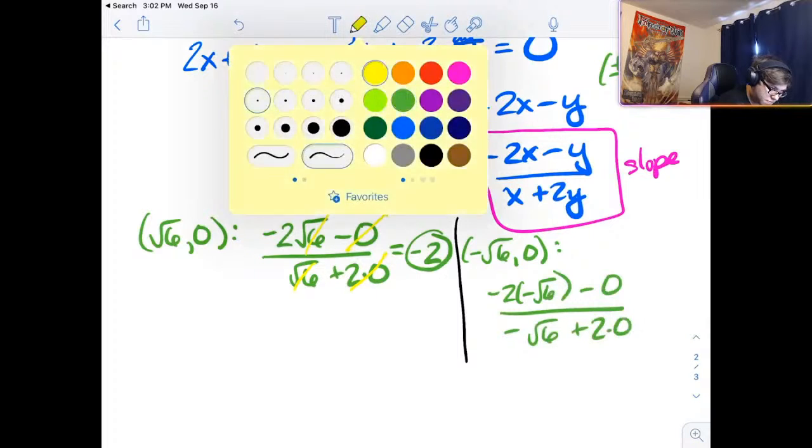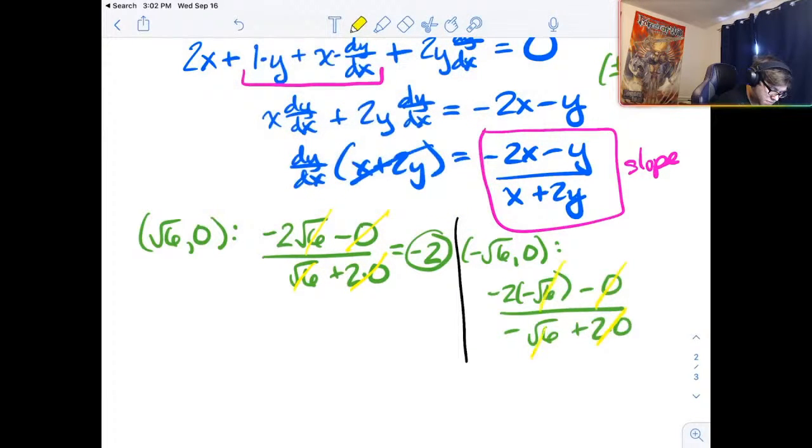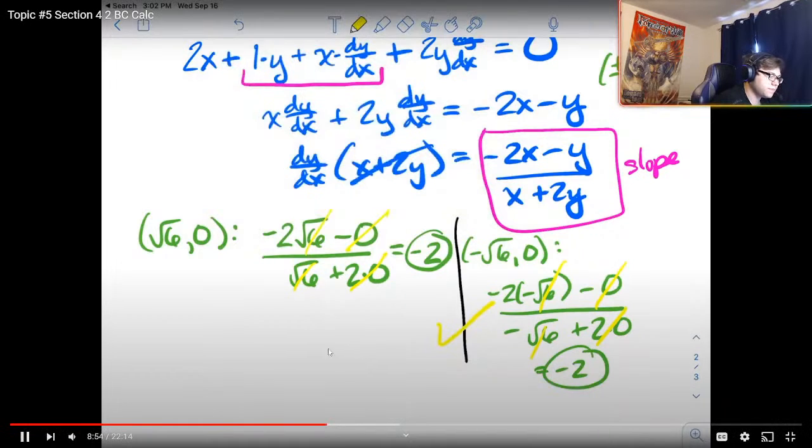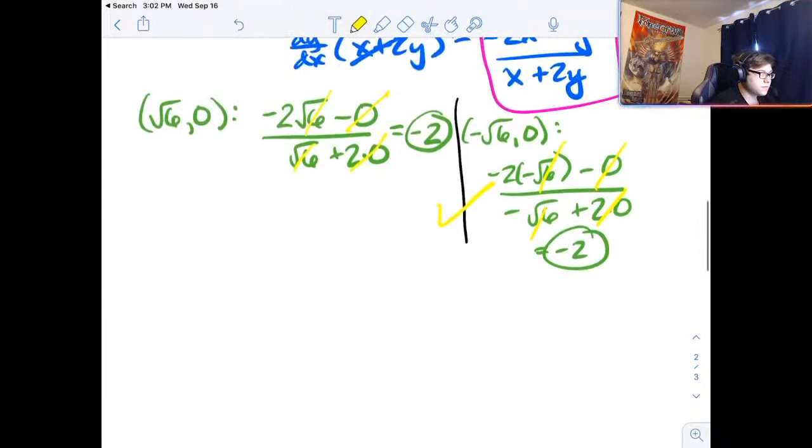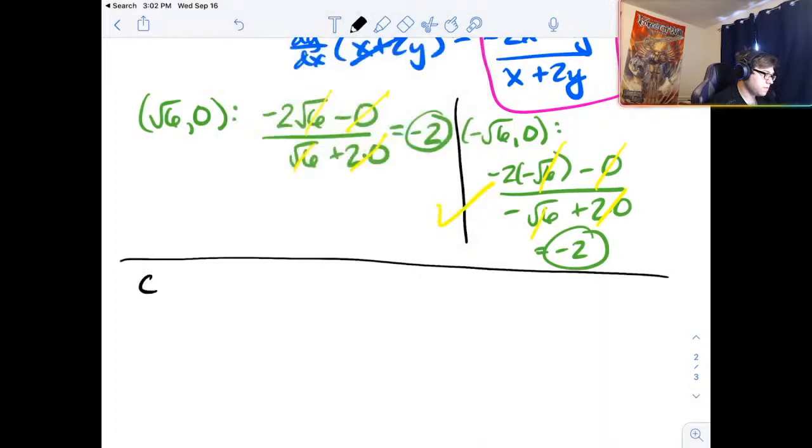And again, we just love plugging in the number 0 because it makes so many things disappear. And we have some cancellations. And so the final answer here is also negative 2. So I can lend myself a check mark here that I did a good job proving that those two slopes are in fact parallel. Okay, moving on to part C of this question.